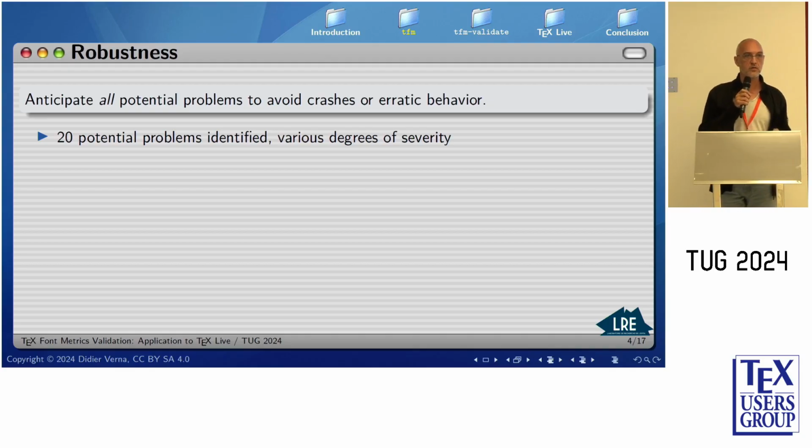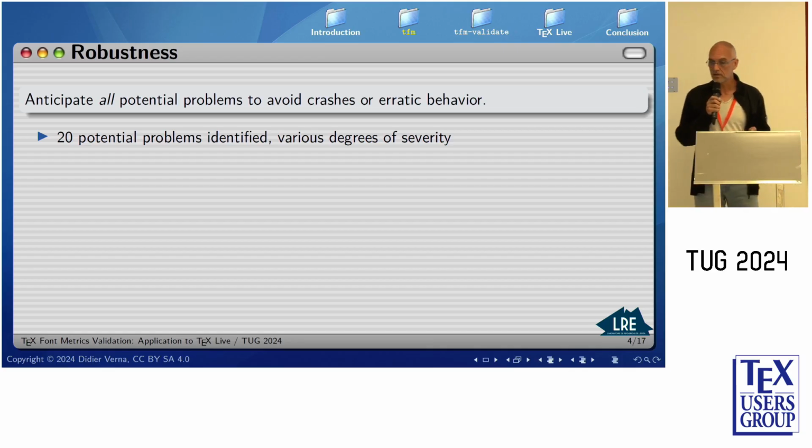If the font is nonsensical in a way that you cannot detect, for instance, some character codes are missing, whereas they should be in there, there is no way that you can detect that. Okay, so there are a priori 20 different detectable non-compliance issues, and those issues come at various degrees of severity.